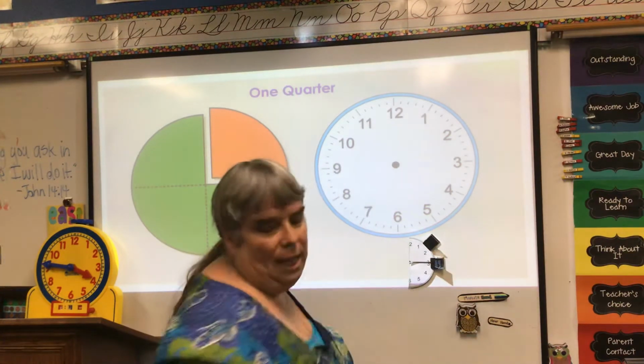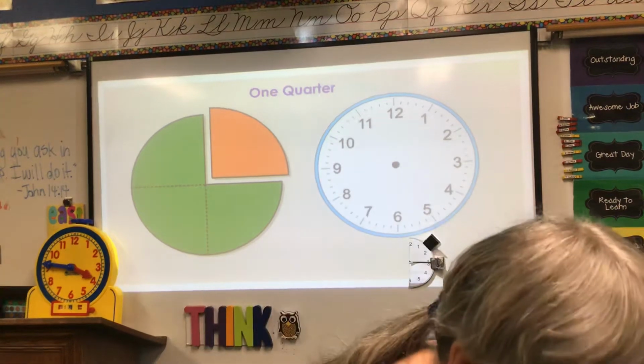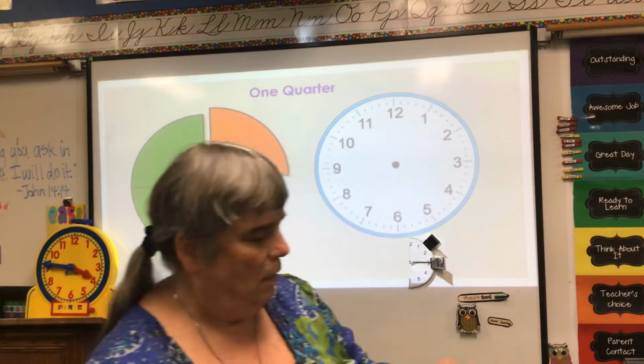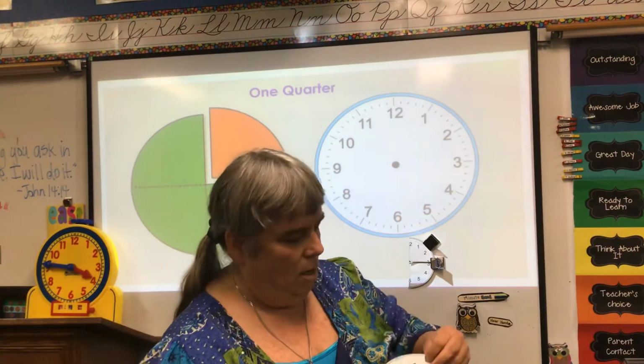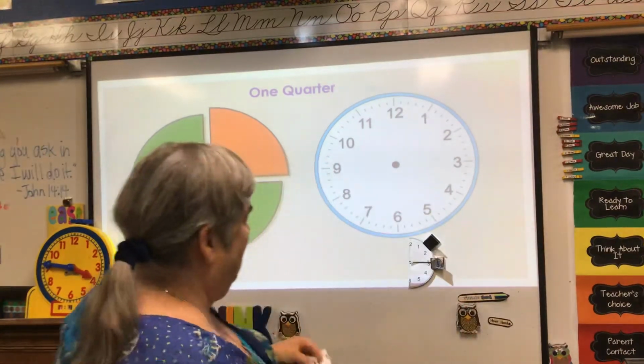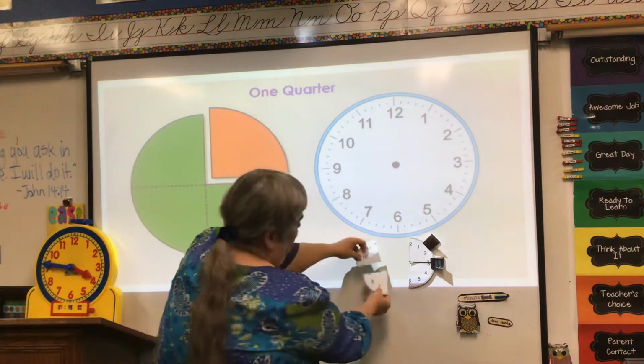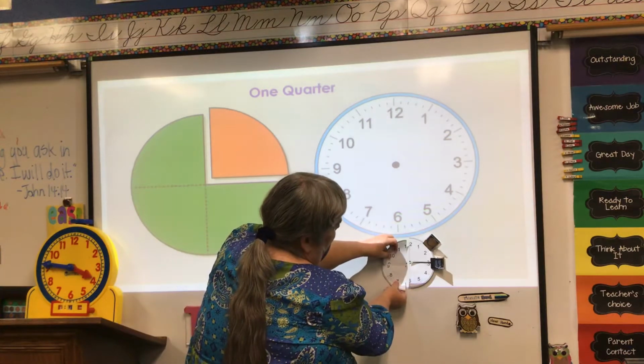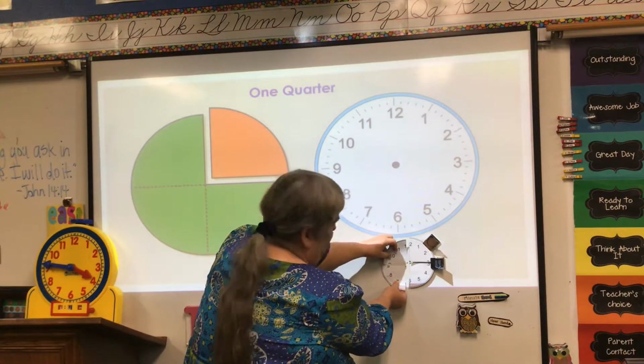And the other two pieces of delicious pesto pizza are 9 to 12 and 6 to 9. So the clock has been split up into 4 equal pieces.